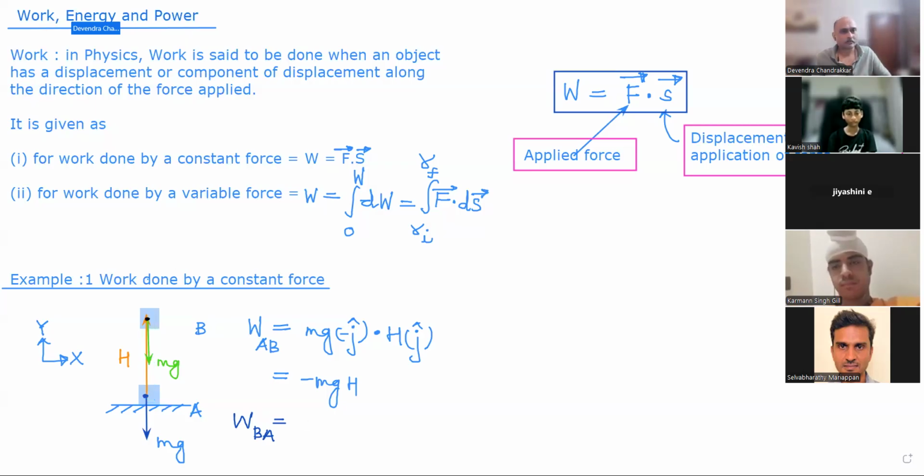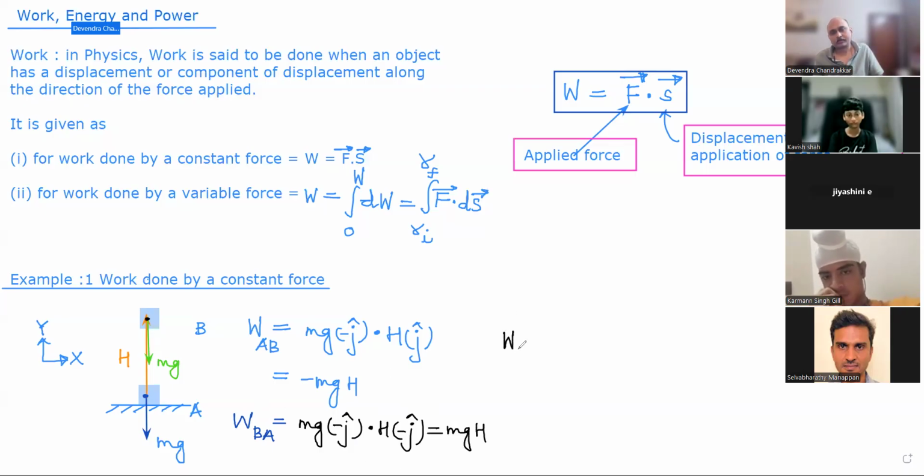So now we have mg minus j cap dot h minus j cap.